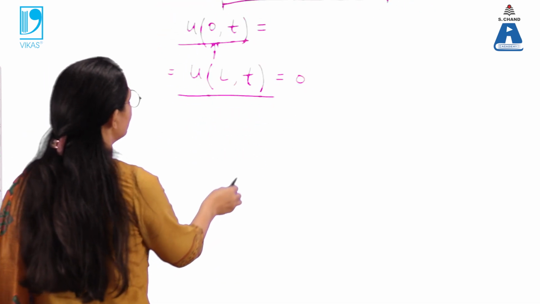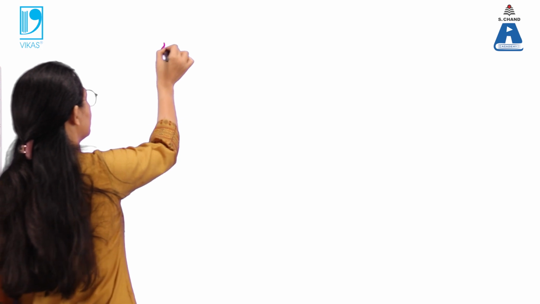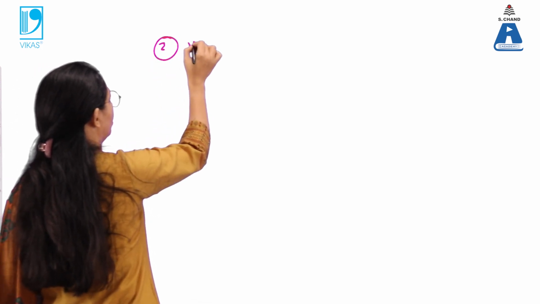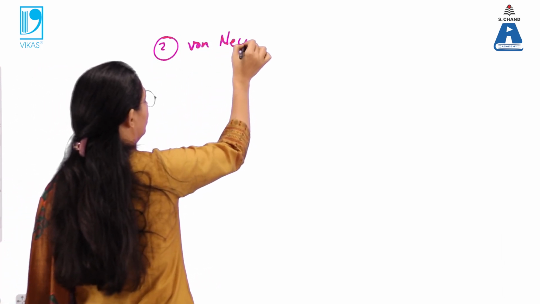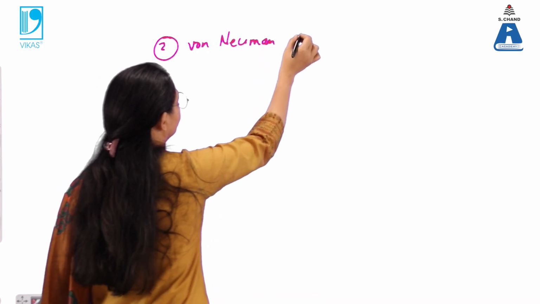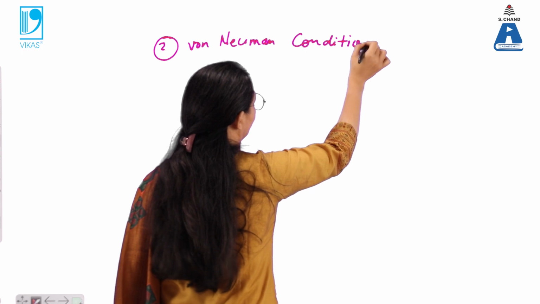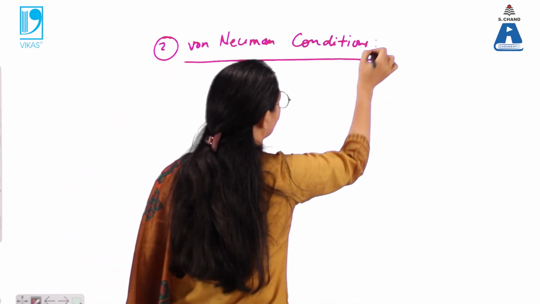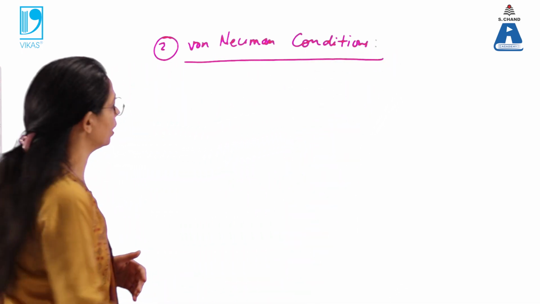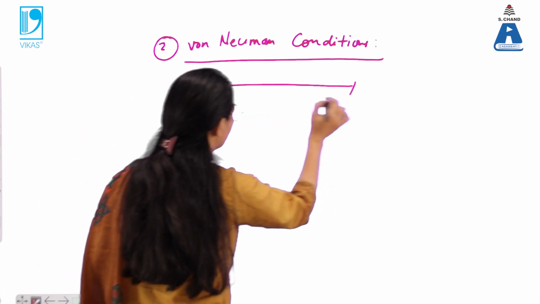Now, the second type of condition is called the von Neumann condition. Since it is a boundary condition, we are going to take the same example again.